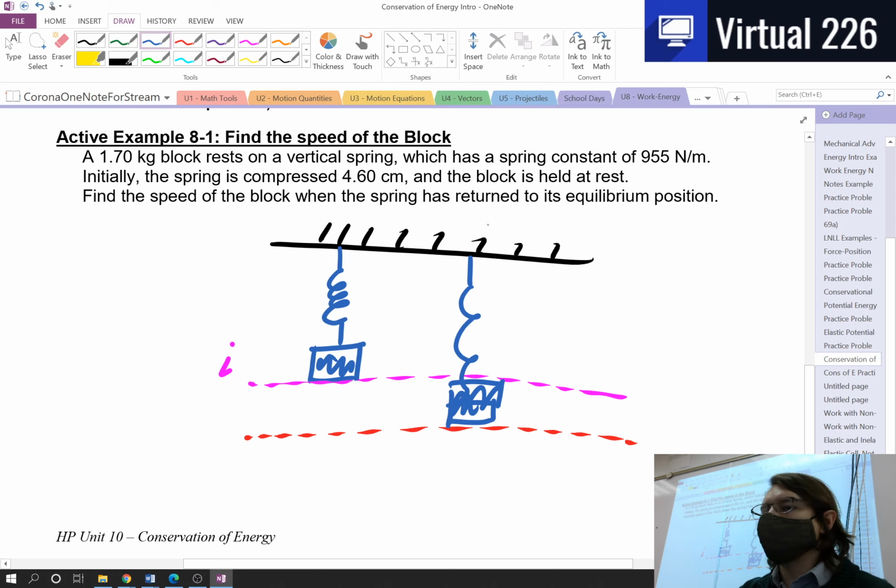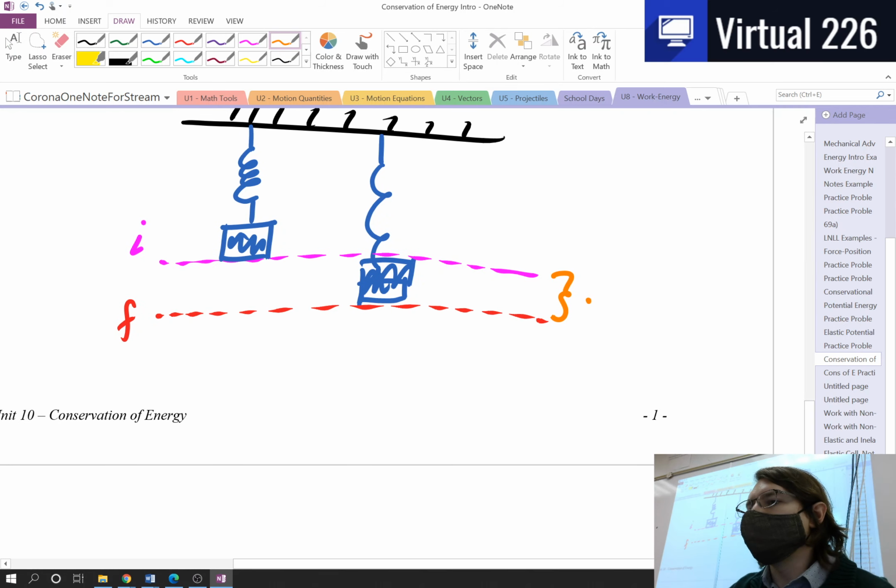We know that the compression that the spring currently has, how much it's been compressed up, is 4.6 centimeters or 0.046 meters, if we want that in a slightly better SI unit.